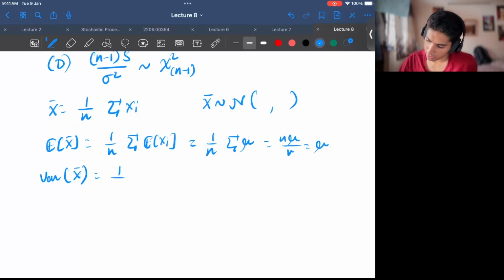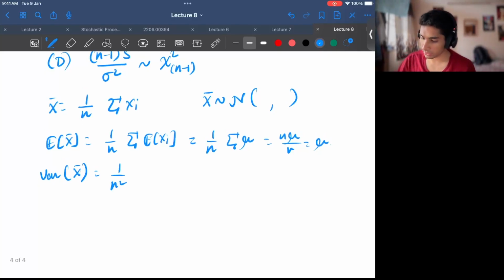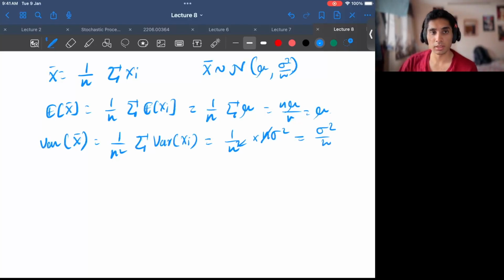Variance will be 1 over n square summation of variance of xi, again because of independence, right? And this will become 1 by n square into n times sigma square. And n gets cancelled, so this is sigma square by n. So the mean is mu, and the variance is sigma square by n, right?